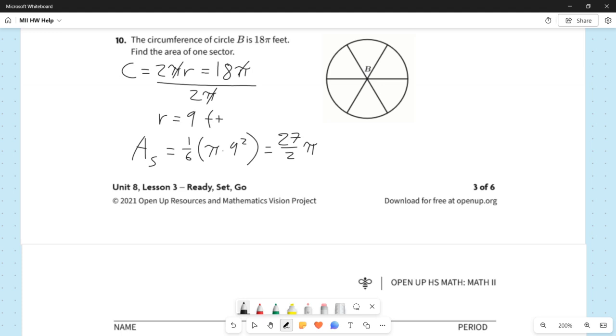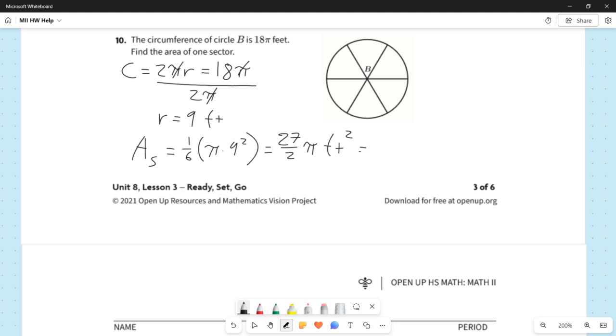So we divide out a 3 from both, and we get 27 halves pi. We're talking about area, so it's square feet. That is one version of our answer.